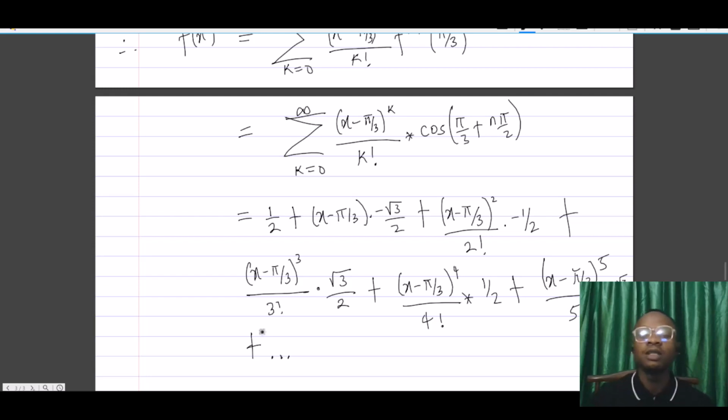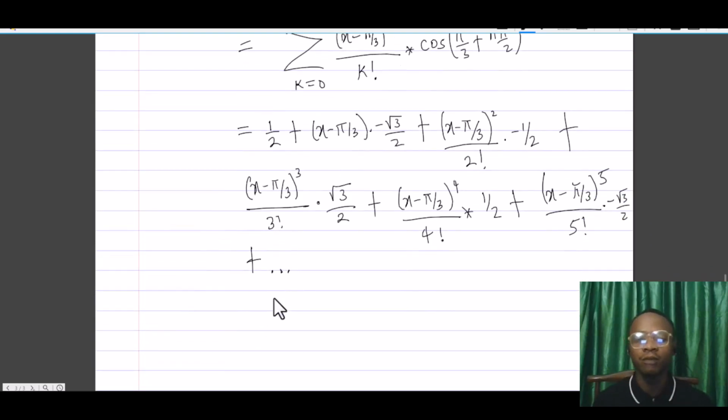Okay, so let's just tidy this up. We're going to have this equal to, of course we can expand, but we'll just leave it like this: 1 over 2 plus, this is root 3 over 2, and the minus is outside, so minus root 3 over 2 into x minus pi over 3.